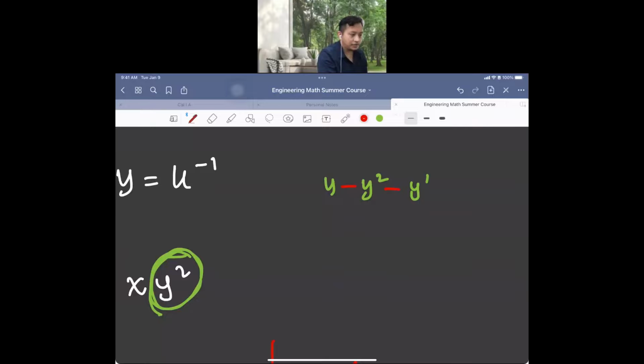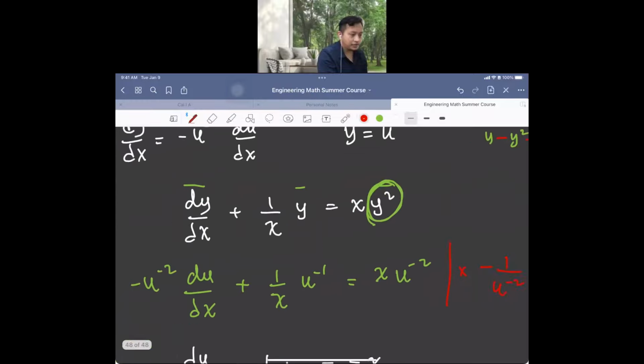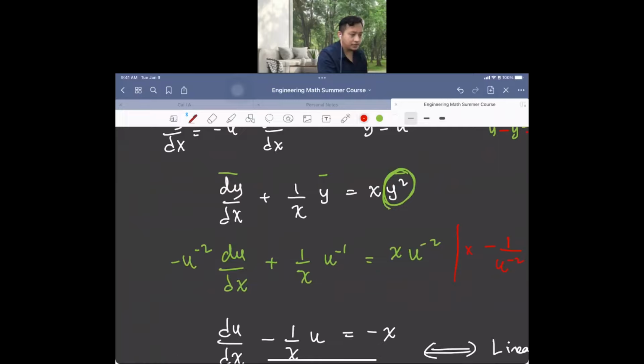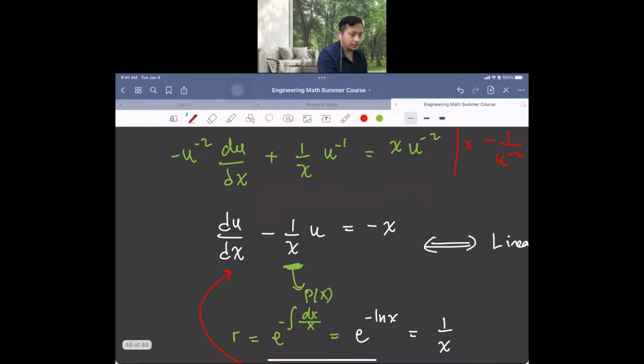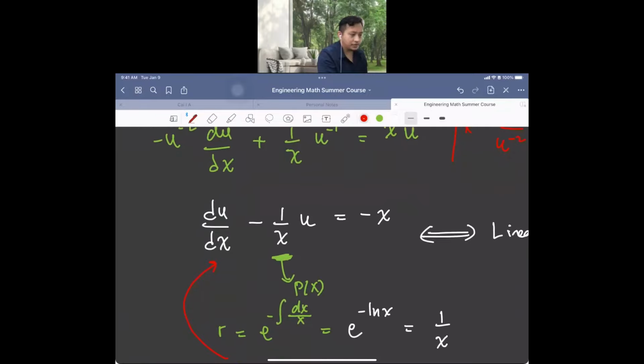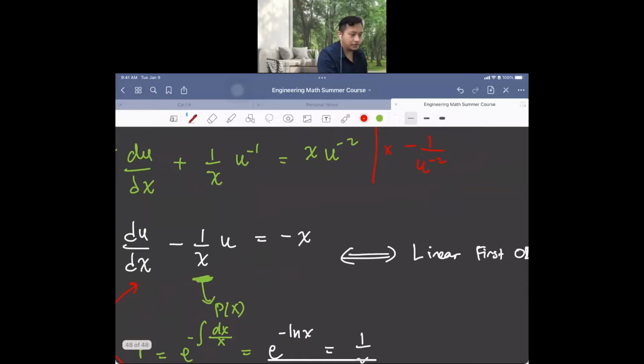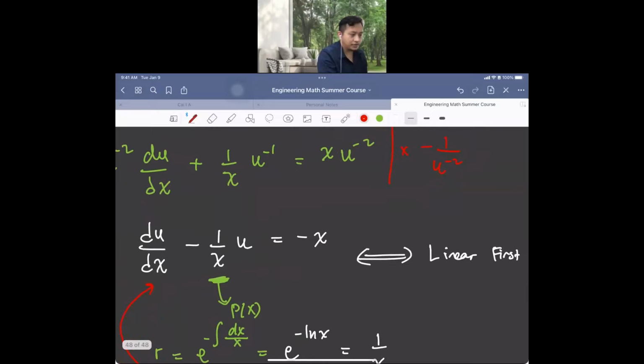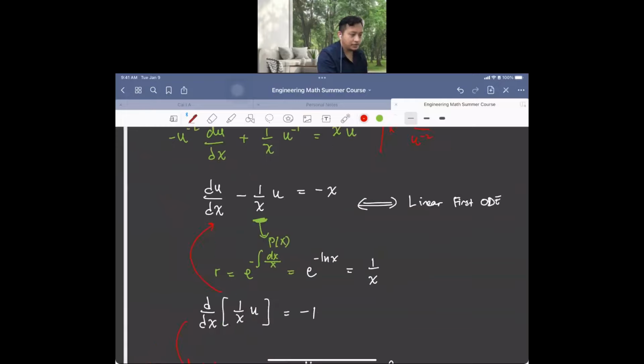That is the goal. And when you have linear, you can solve by multiplying with the integrating factor, make the equation multiplied with the integrating factor, integrate, and then that is your solution. Okay.